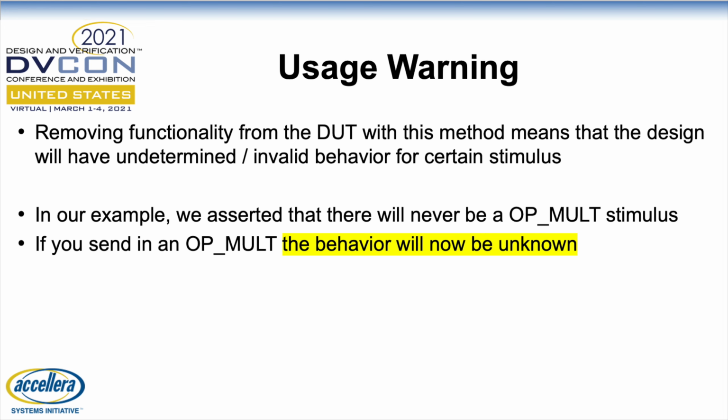And I want this process to go through and remove all of the logic automatically that had to do with that particular operand. And so now if you actually sent in the operand op mult, it's actually unknown what the behavior would be to respond to that stimulus. And that's not necessarily a problem because the whole exercise of this was we wanted a design specifically made to work with a stimulus that we were going to give it.